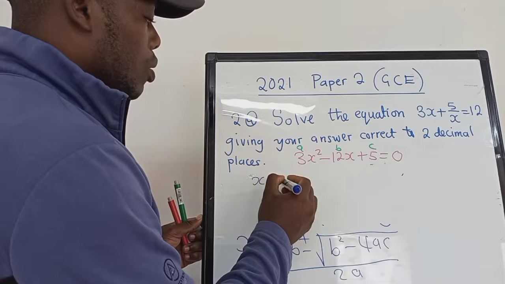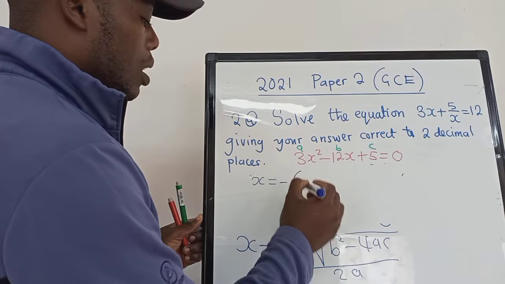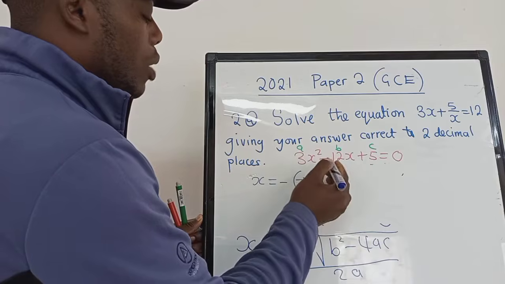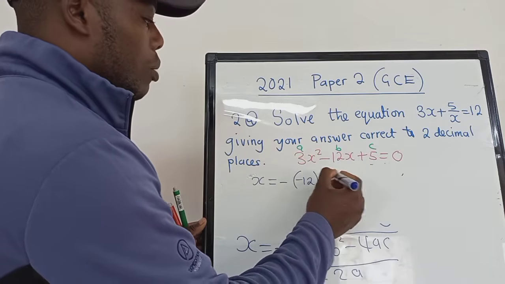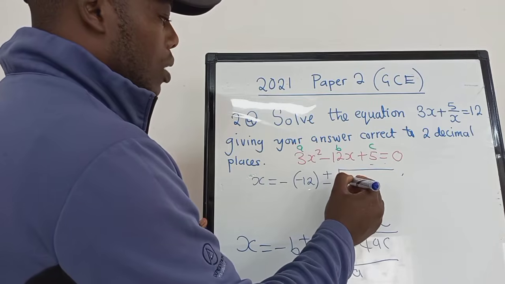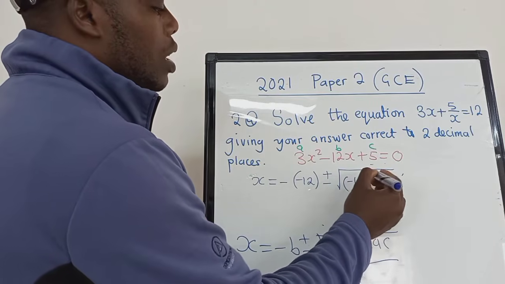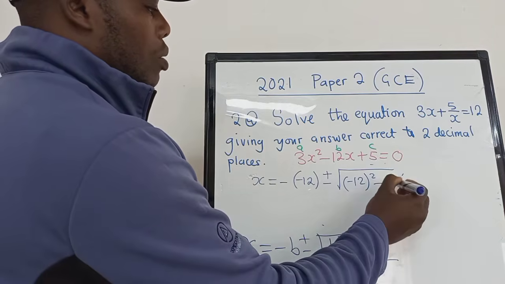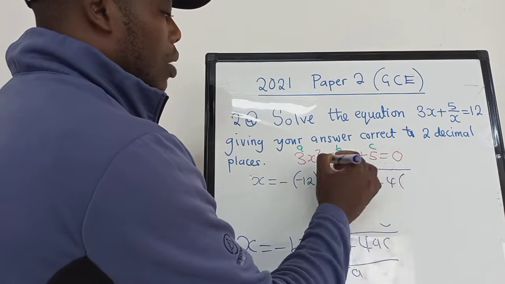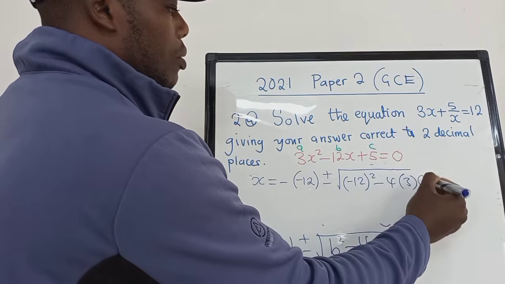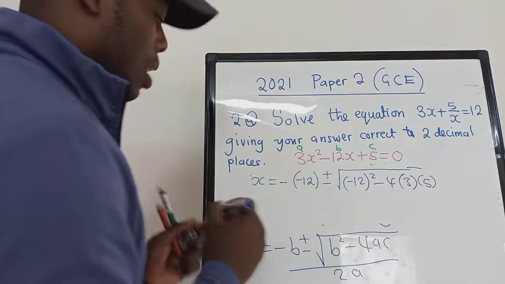So x is equal to negative b, so we'll put negative 12 inside the brackets because of the negative, plus or minus root over, we have negative 12. Because of the negative, we must always put it inside the brackets. 4, our a is 3 and our c is 5. So this is what we have.